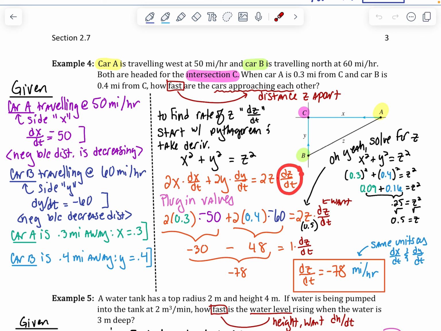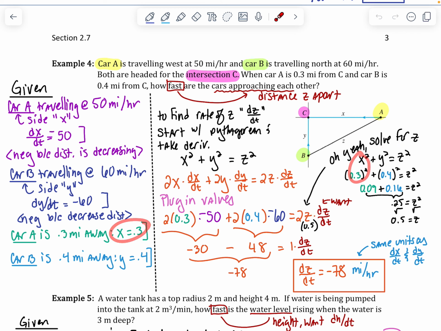We have not figured out z, and we definitely haven't figured out dz/dt because that's the thing we're looking for. So just like in the past, I need to figure out what z is, but I can solve for it using the Pythagorean theorem.